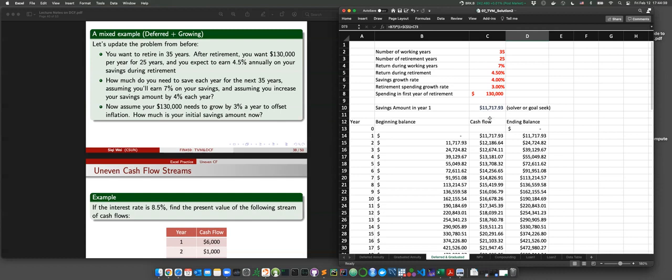I personally am not a big fan of Excel because I just feel like it's outdated. It's sort of labor intensive. But I have to teach you this because this exercise is really helpful for you to visualize the cash flow patterns and get a better idea of how to disentangle the cash flows.